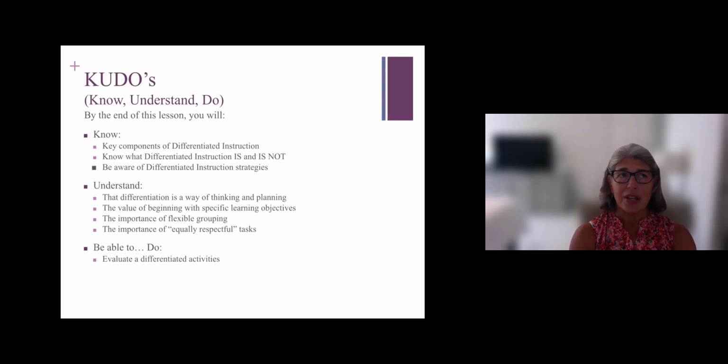And differentiated instruction is a complex concept, so I want you to be able to understand some things. I want you to understand that differentiation is a way of thinking and planning for teachers. And I want you to understand the value of beginning like this, beginning your planning with the objectives in mind.